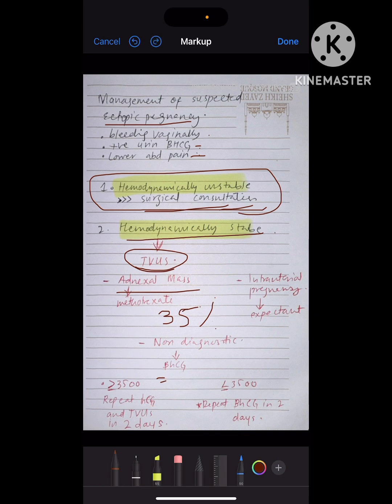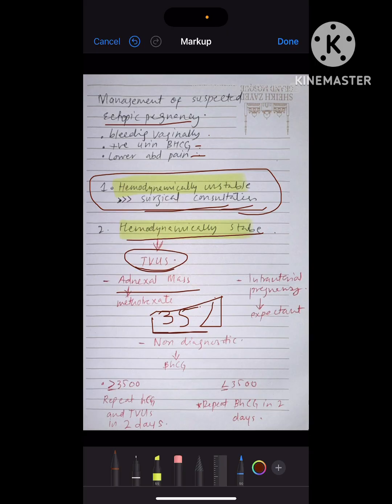But if you do not have the 35% increase, or you do not see the fetal pole, it means it's ectopic pregnancy or a non-viable pregnancy, because the 35% increase is not happening.